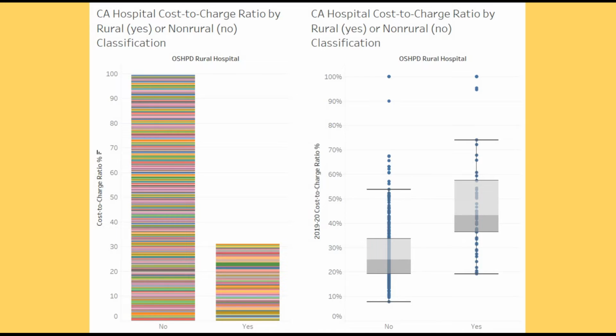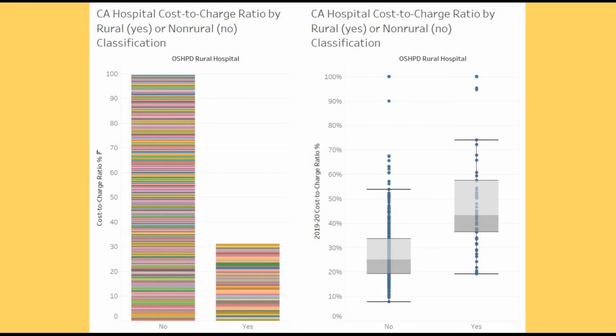The number of non-rural, or no classified, hospitals is 353. Totaling each of those hospitals together, we have stacked each individual data point on top of the next. For the yes classification, meaning rural, there are 62 hospitals.